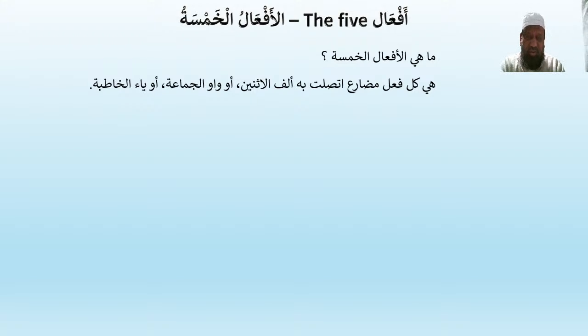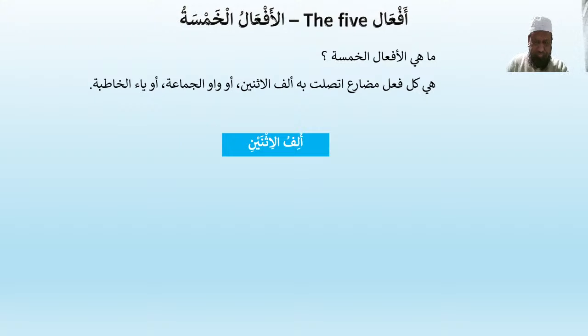As soon as we hear this name, al-af'alul khamsa, it is only 5 forms of fi'l al-mudari'. Which are those 5? Any sigha where aliful ithnain is attached, or waw al-jama' is attached, or ya al-mukhataba is attached.